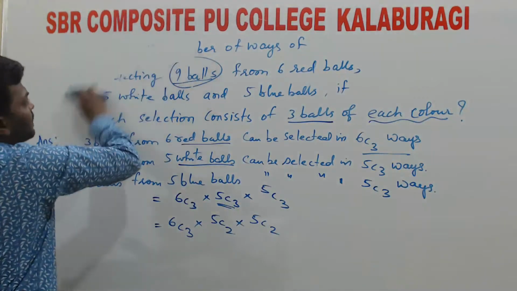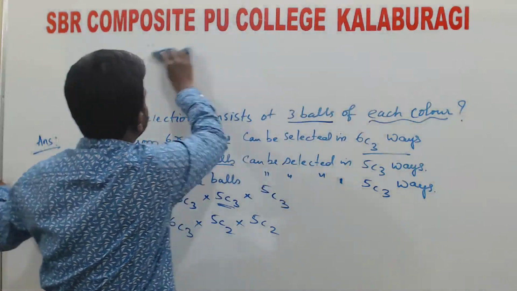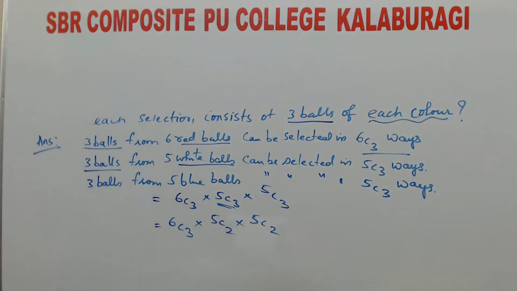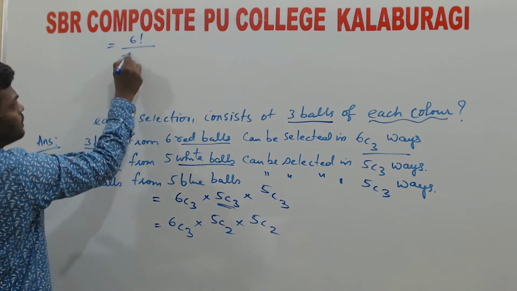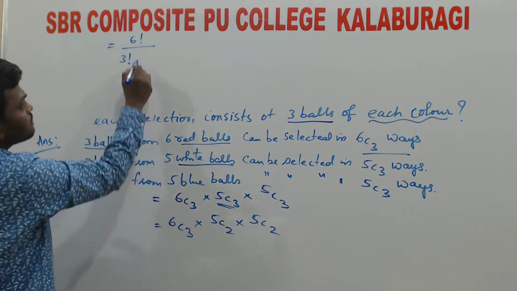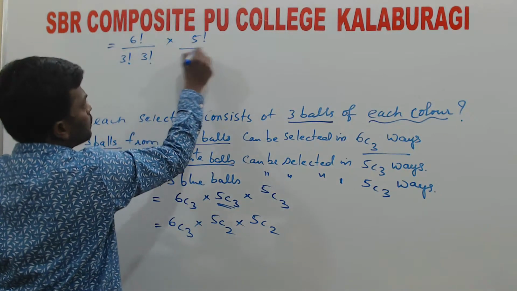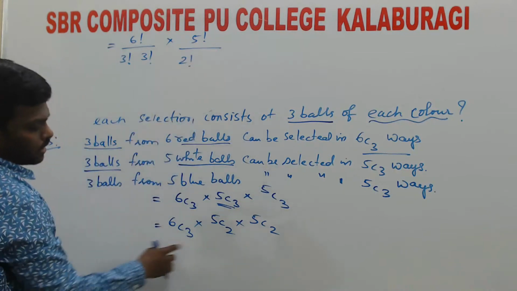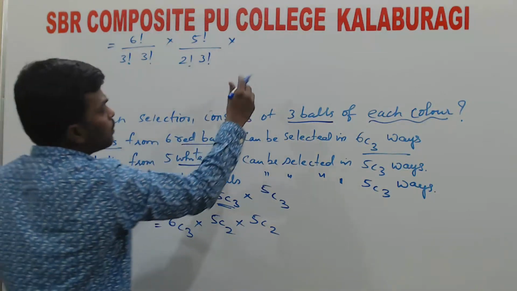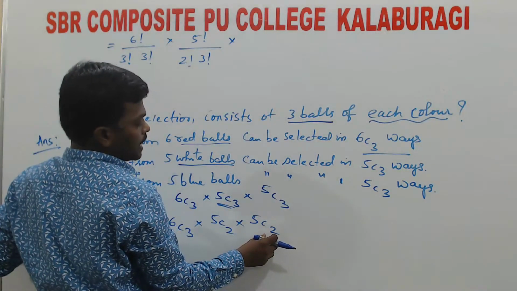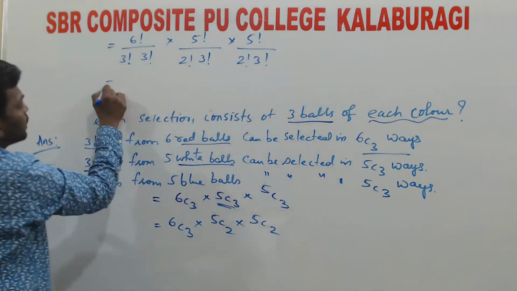So let me simplify. 6C3 is 6 factorial by 3 factorial into (6 minus 3), that is 3 factorial, into 5C2, which is 5 factorial by 2 factorial into (5 minus 2), 3 factorial, into 5C2 again, 5 factorial by 2 factorial into 3 factorial.